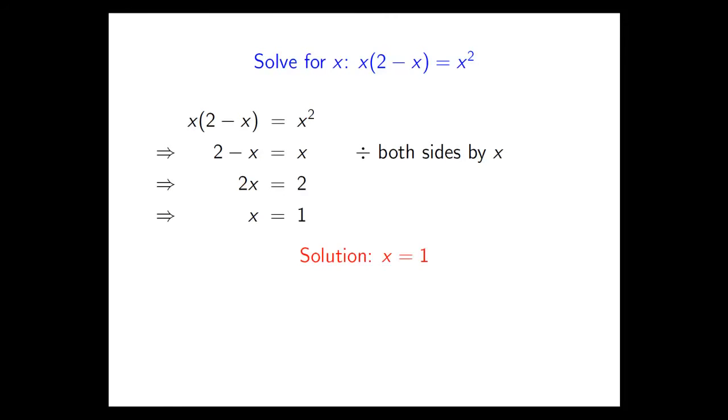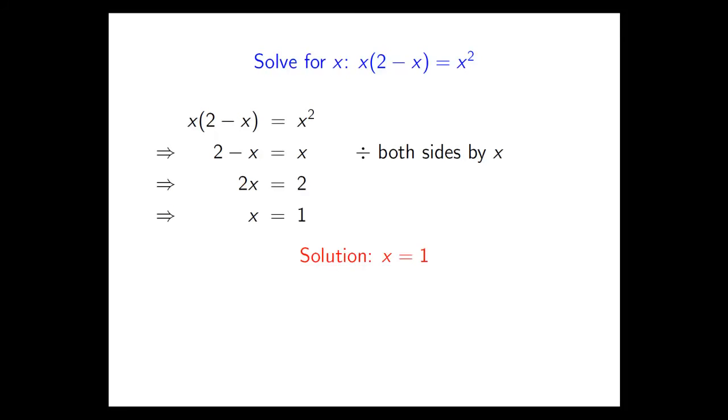So we might be inclined to claim that the solution to this problem is that x equals 1. And that certainly is a perfectly satisfactory solution to the problem. Substituting x equals 1 into that equation at the top will give you a left and right hand side that are both the same. But there is a problem with this process.